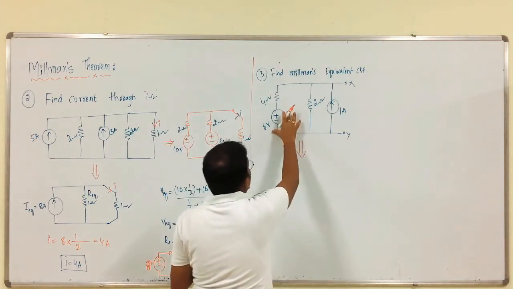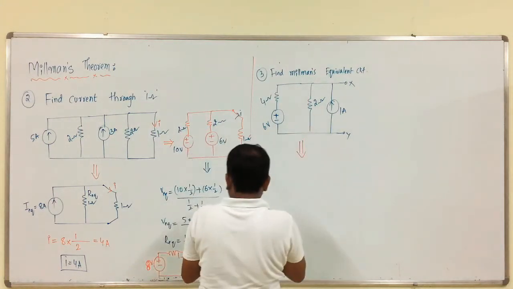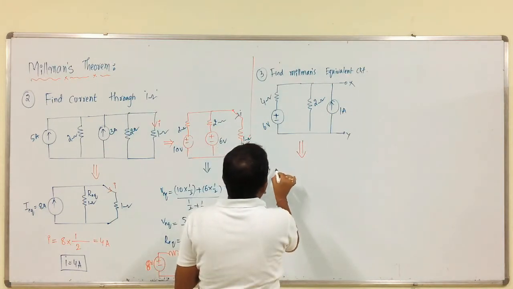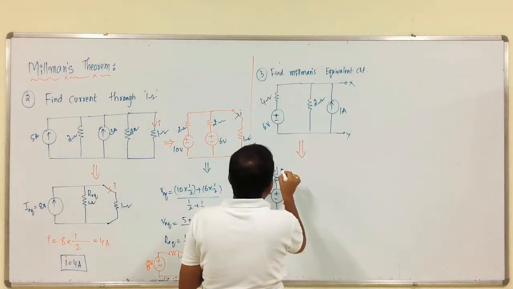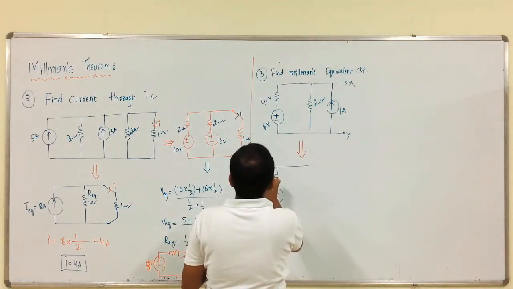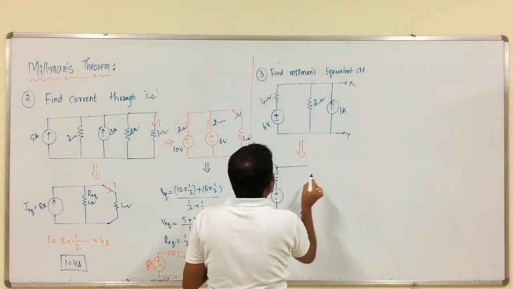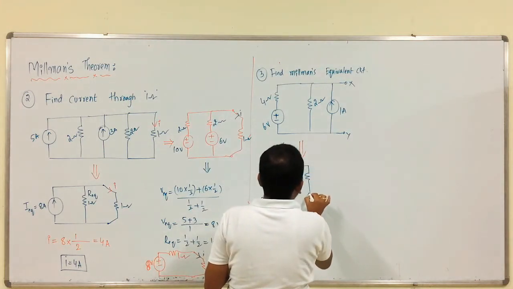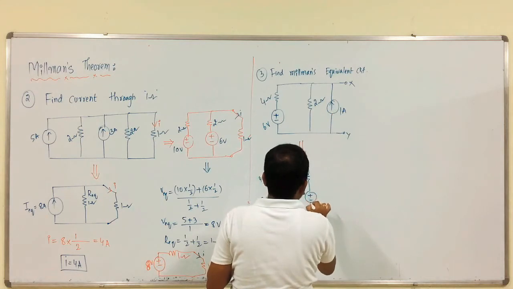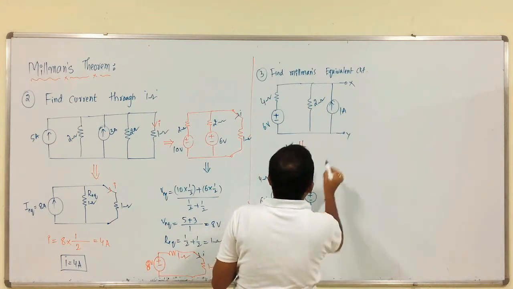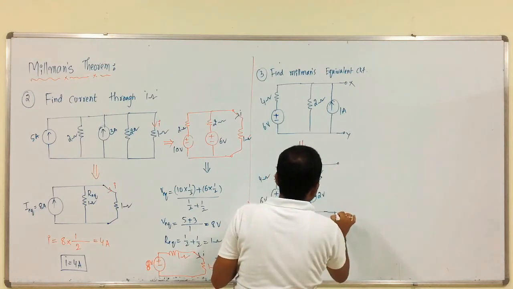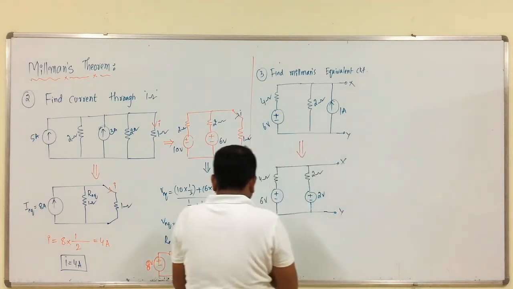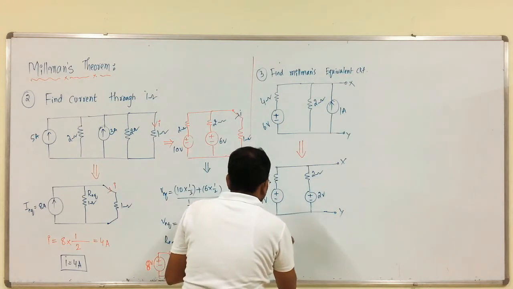So, here we have a combination of voltage sources and a current source. Therefore, this circuit can be reduced to an equivalent voltage source or current source. Okay. This is 4, this is 6, now this is 2, see, plus minus, 2 into 1, 2 volts, this is 2, right. That is it. This is X, this is Y. Therefore, V equivalent is equal to what?